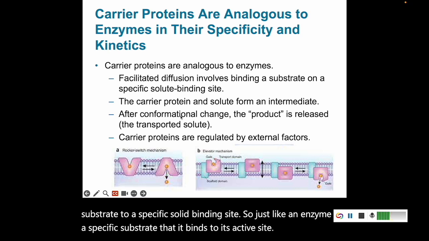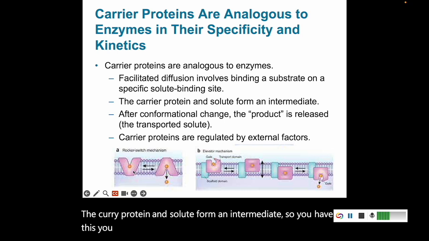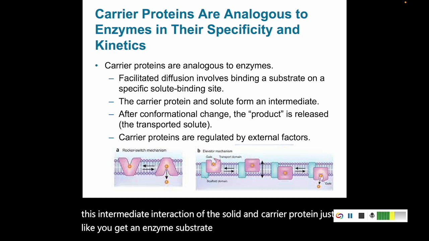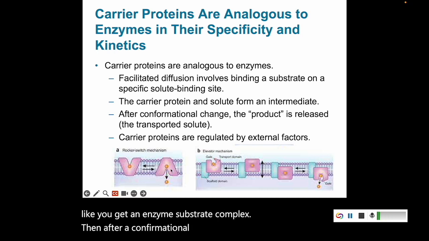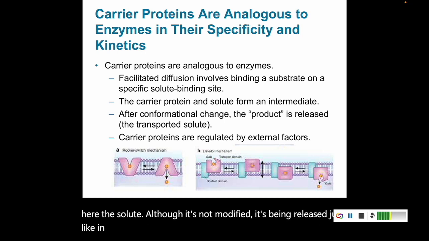The carrier protein and solute form an intermediate, just like you get an enzyme-substrate complex. Then after a conformational change, the product is released. Here the solute, although it's not modified, is being released, just like in an enzyme.